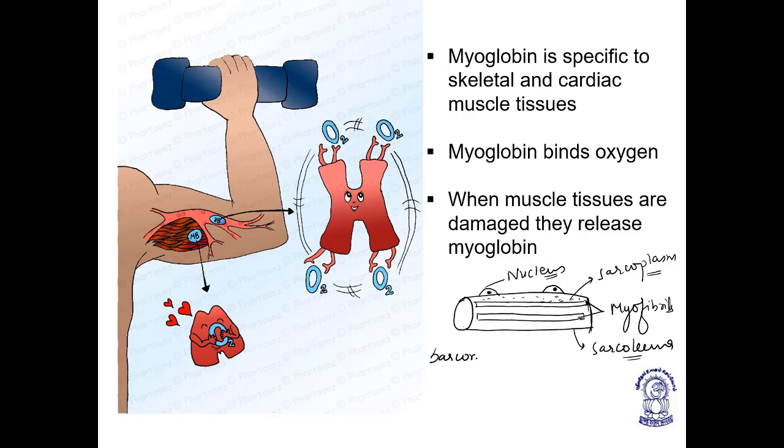Sarcosomes are the mitochondria. And the sarcoplasmic reticulum is equivalent to the smooth endoplasmic reticulum.